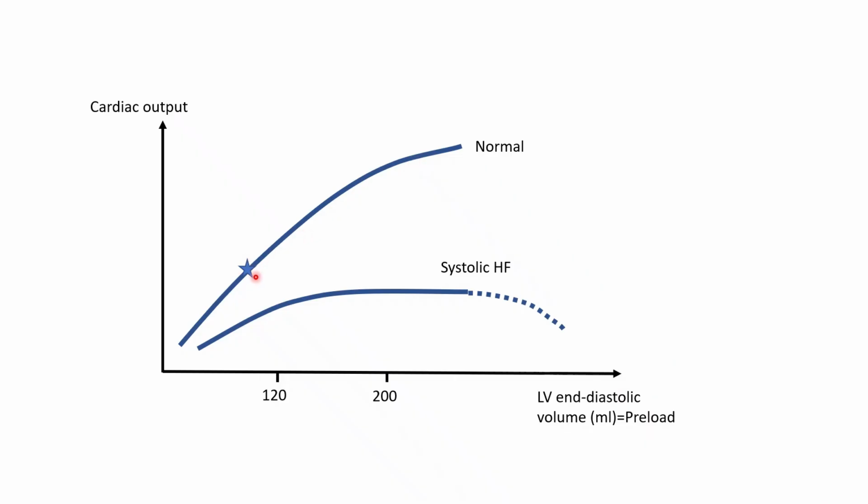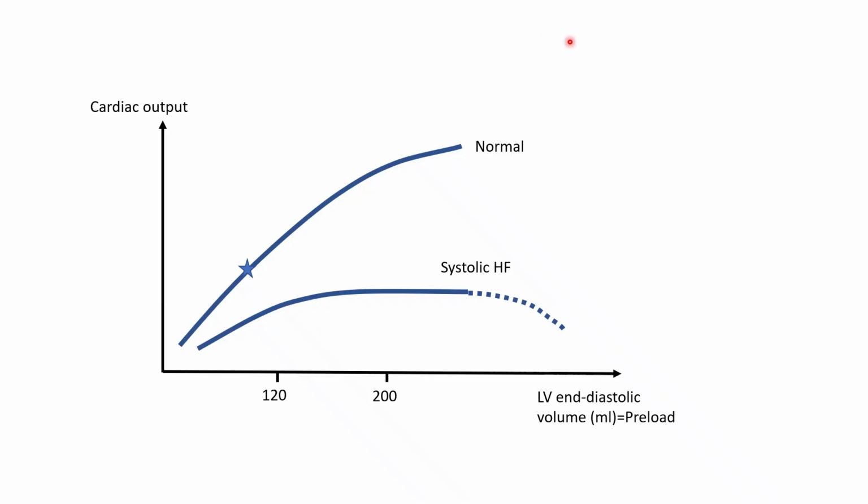Therefore, if you are here, you are more likely to not raise cardiac output despite a rise in heart rate and contractility. The drop in preload is dramatic enough to counteract the rise in contractility and the rise in heart rate.